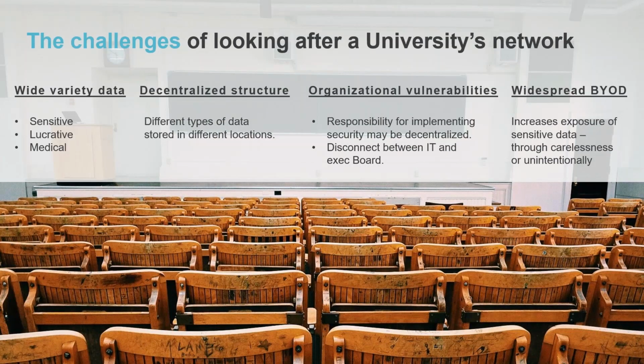We couldn't really understand the challenges that organizations of higher education face without spending a bit of time clarifying why they are such an attractive target. There are several reasons. One of the main reasons is that universities hold a massive amount of sensitive data about students, parents, alumni, staff and faculty.